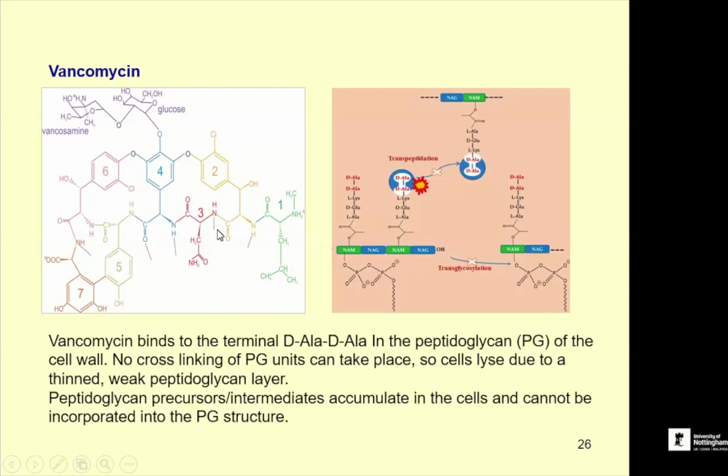So vancomycin works against gram-positive bacteria because it binds to the peptidoglycan layer of the bacteria. It doesn't have to cross the membrane, it's too big for that. So what it does is it binds to the terminal diala at the end of the sugar chains in the peptidoglycan, little short peptides.